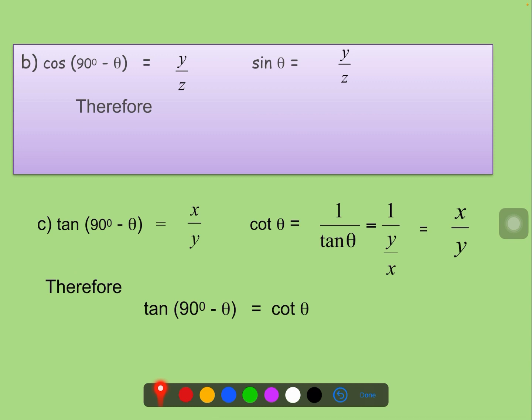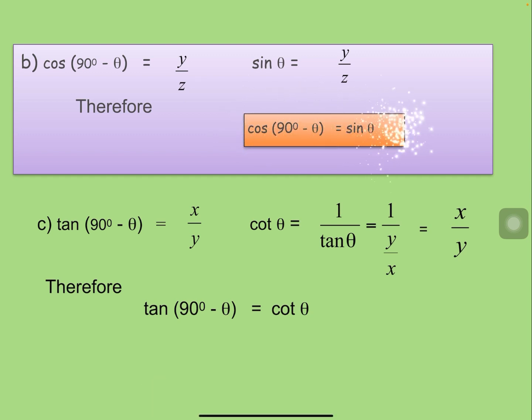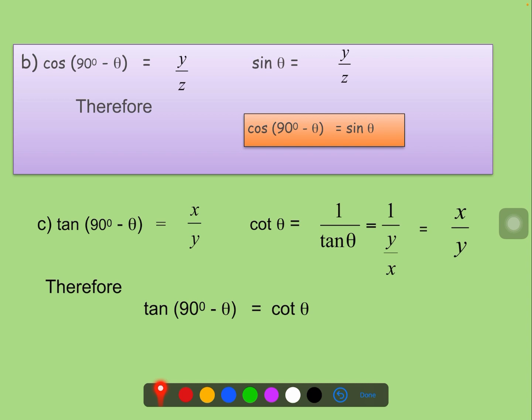Cos 90 minus theta is y over z, and sin theta is y over z. So now we have cos 90 degrees minus theta equals sin theta. C, tangent 90 minus theta equals x over y.